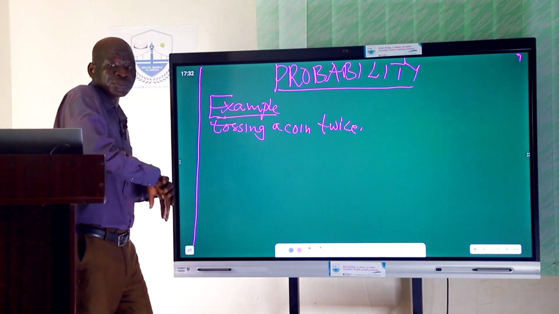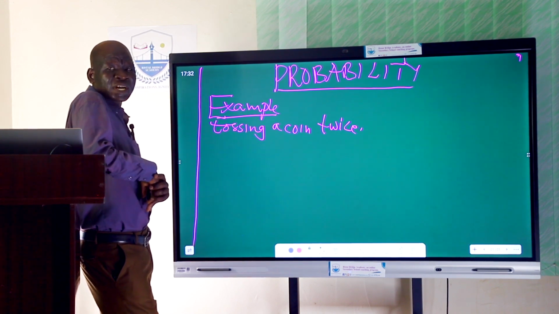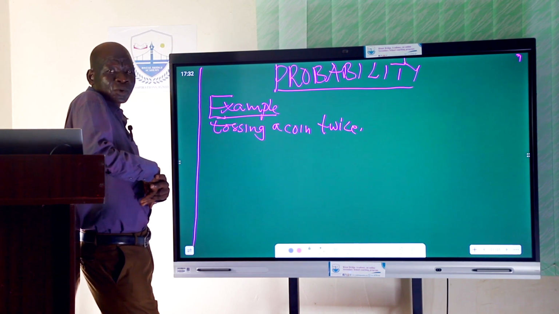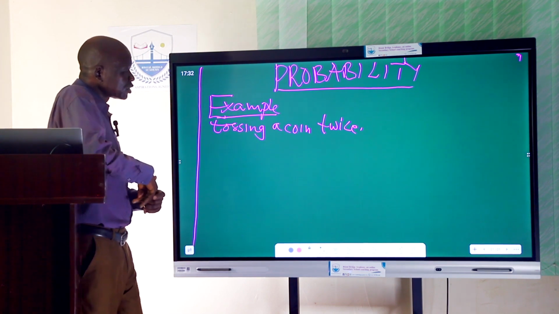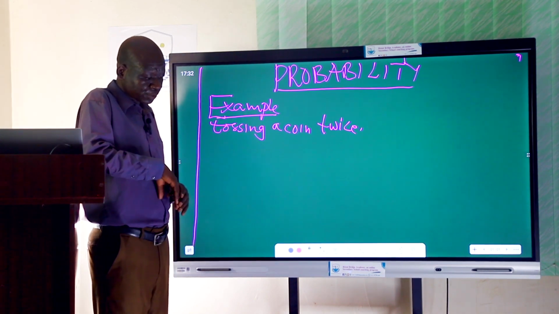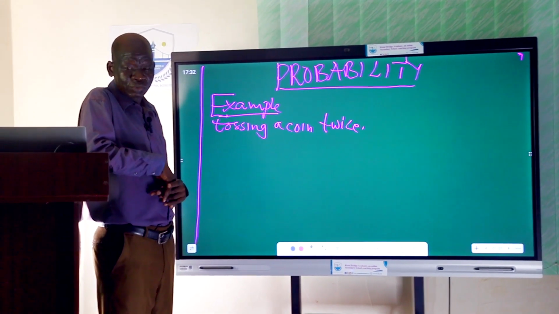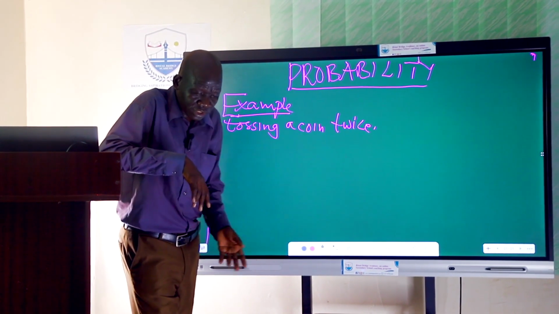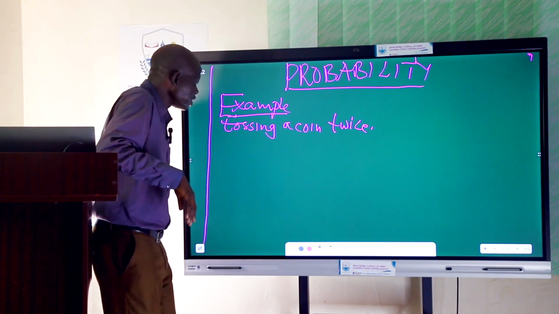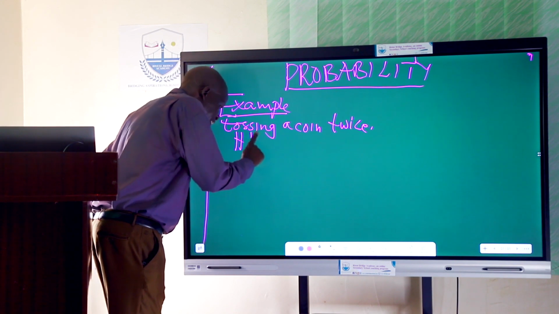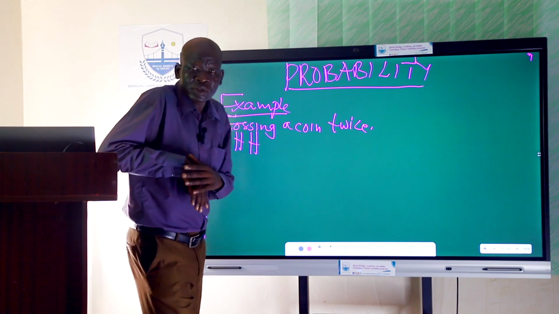When you toss a coin 2 times, what are the chances or events which can occur? There is a chance whereby we can get a head and then a head also, that is, a head on one toss and a head on another.